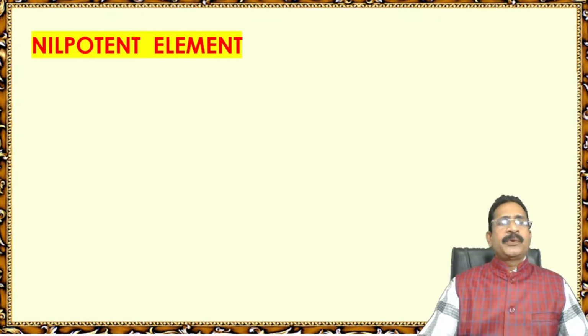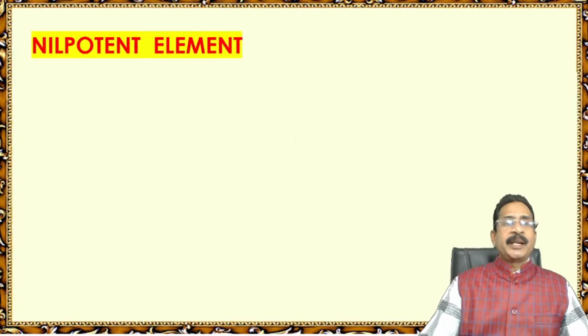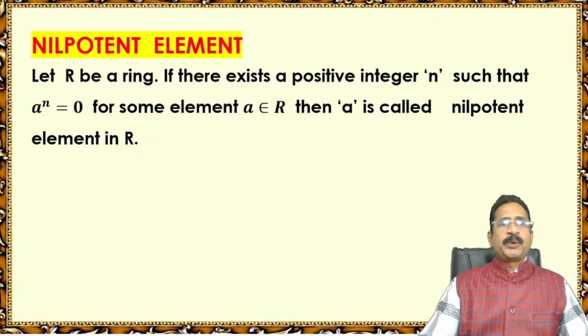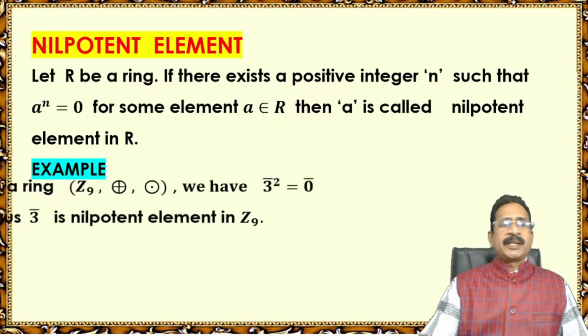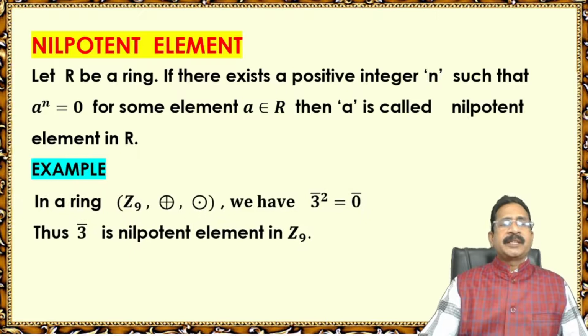Now we will go for nilpotent element. What is meant by nilpotent element? Let R be a ring. If there exists a positive integer n such that a power of n is equal to 0, for a belonging to R, then a is called a nilpotent element in R. Now the example for this is in the ring Z9, with addition modulo 9 and multiplication modulo 9.